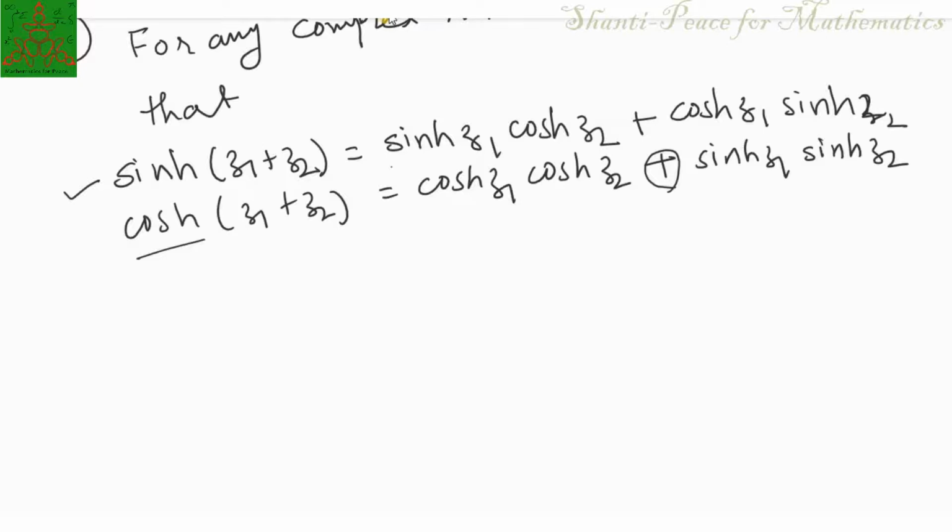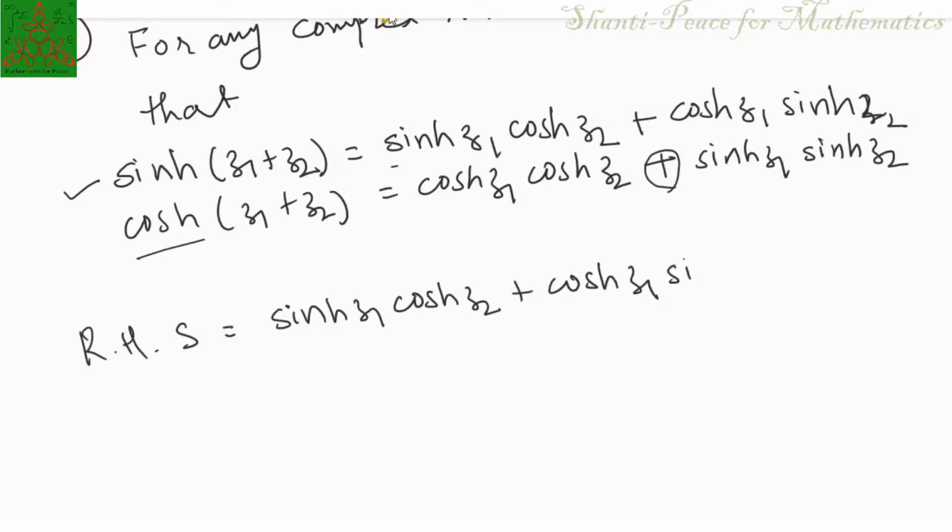To prove these identities, I am starting with the right hand side. That is the right hand side of the first identity: sine hyperbolic of z1 cos hyperbolic of z2 plus cos hyperbolic of z1 into sine hyperbolic of z2.